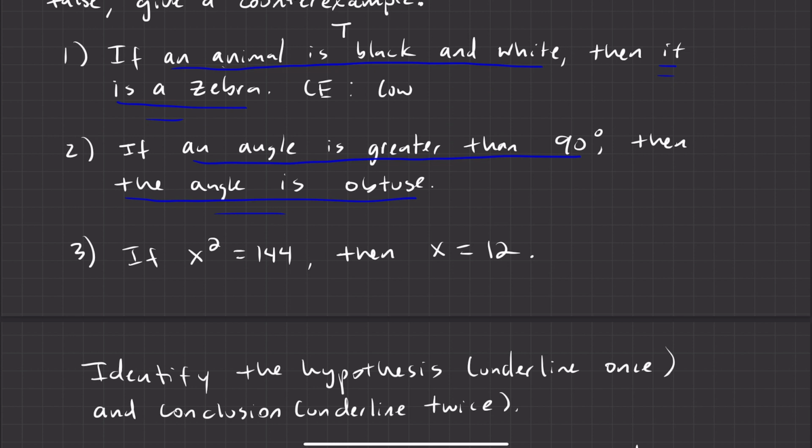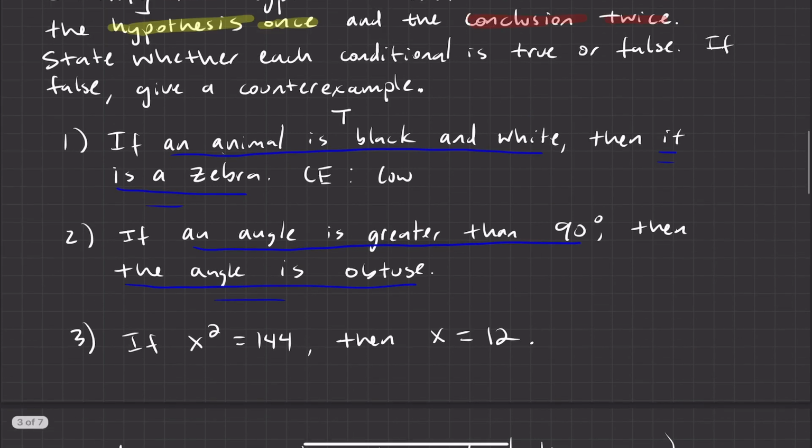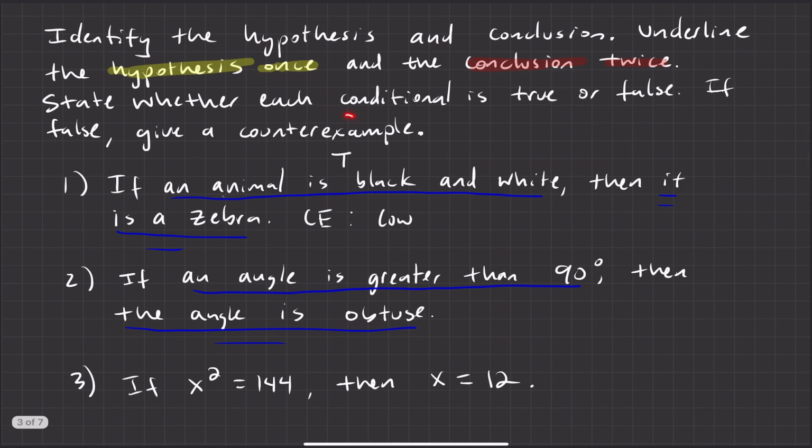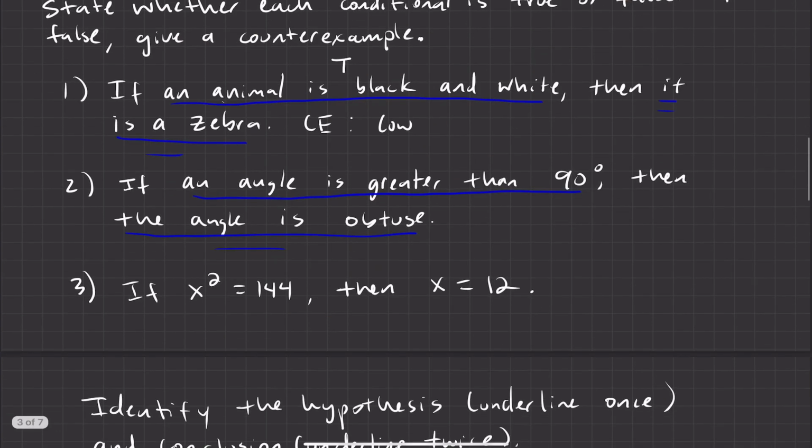So, now that I have that, now that I got that out of the way, I'm going to take a look at the conditional statement itself. I'm going to see whether or not the conditional itself is true or false, and if it's false, give a counterexample. Number 2, if an angle is greater than 90 degrees, then the angle is obtuse.